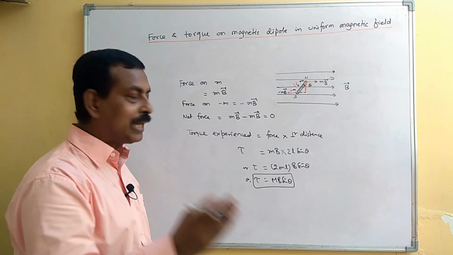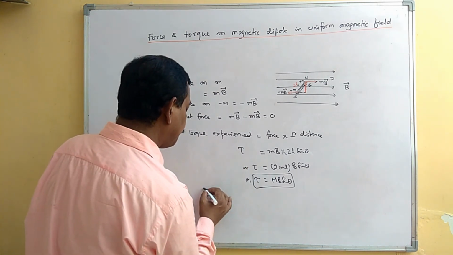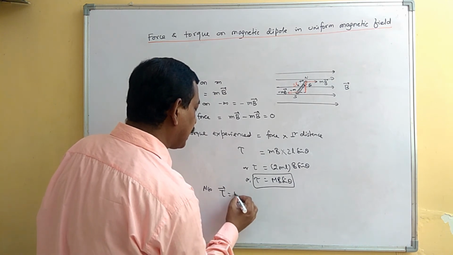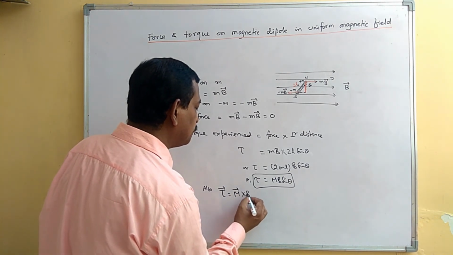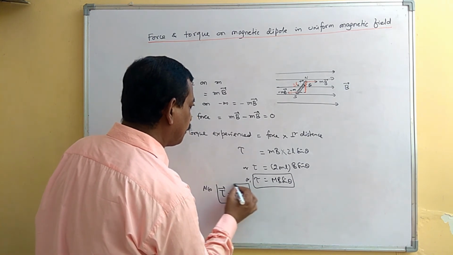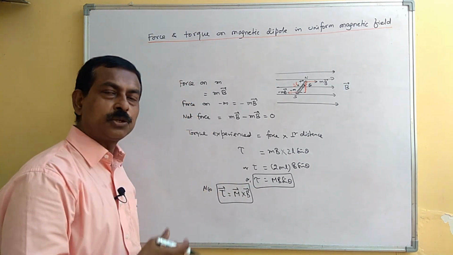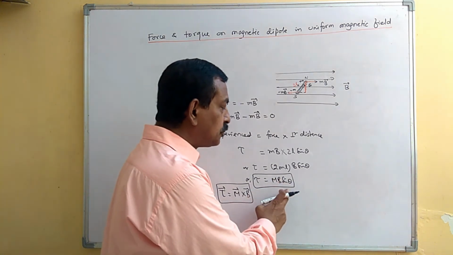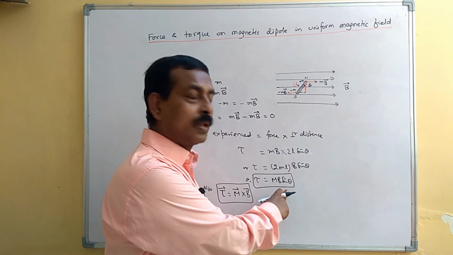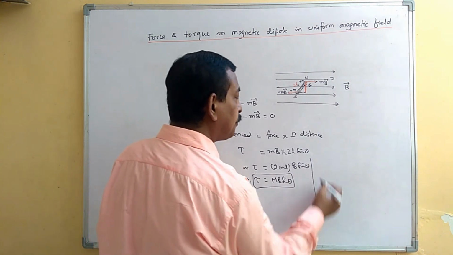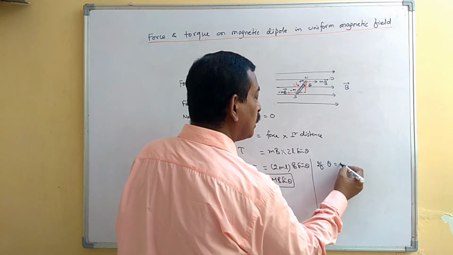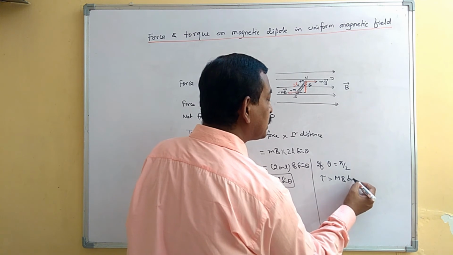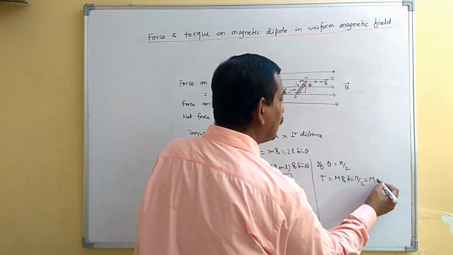If you want to express that in vector form, this torque can also be written as M cross B. So this is the torque in vector form. Now here you can see, if theta is 90, that is pi by 2, then the torque will be equal to MB sine pi by 2, and that is MB.